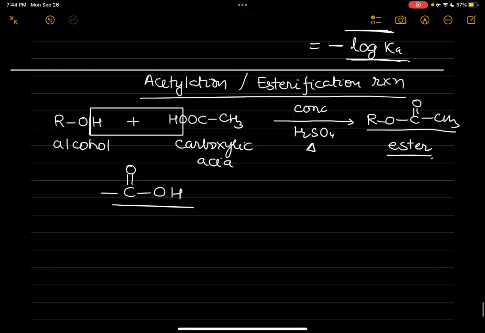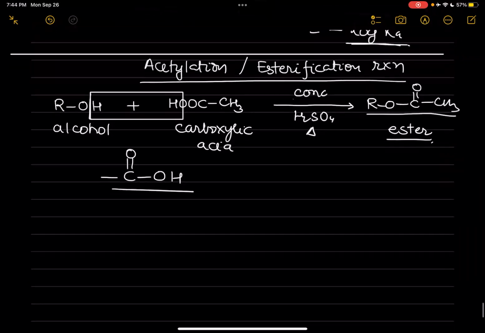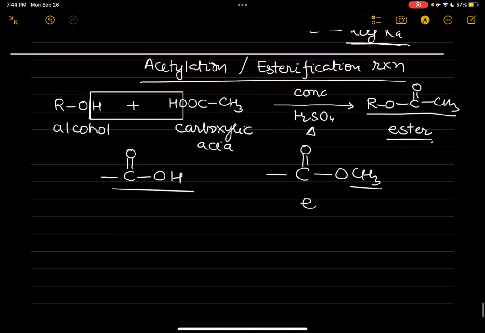Like you have carboxylic acid in formic acid, which is released when the red ants bite you. Bee sting consists of that formic acid. These are carboxylic acids. But if you don't have OH, if you have this alkyl group, any methyl, ethyl, propyl connected to singly bonded oxygen, it is ester.